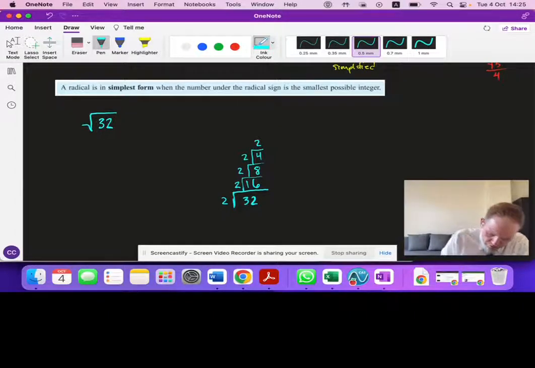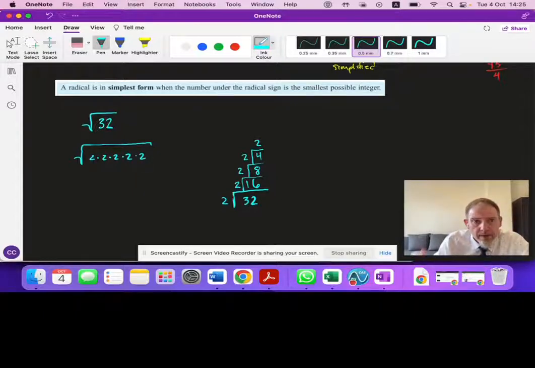We're good there. So I'm going to rewrite the square root of 32 as 2 times 2 times 2 times 2 times 2, 2 to the 5th. Now we're going to pair them up. Well, 2 times 2 is 4, and the square root of 4 is 2.